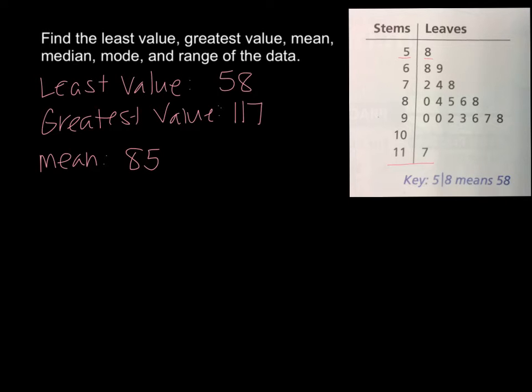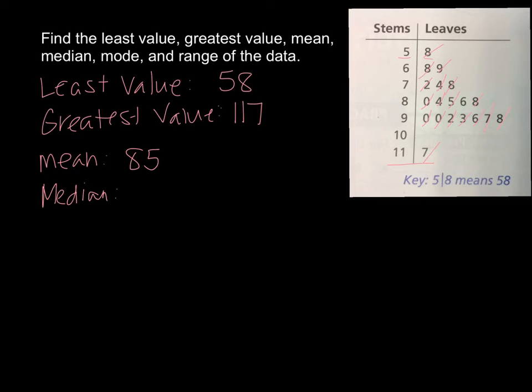And then we need to find the median. Now for that, we could just cross them all off till I get to the middle. So when I crossed them all off, I got to just a 6 left.